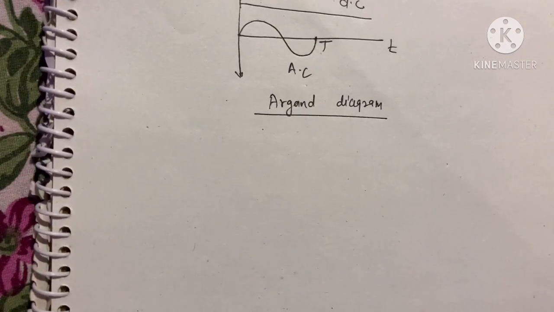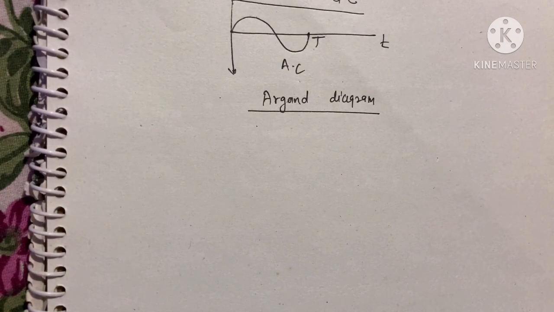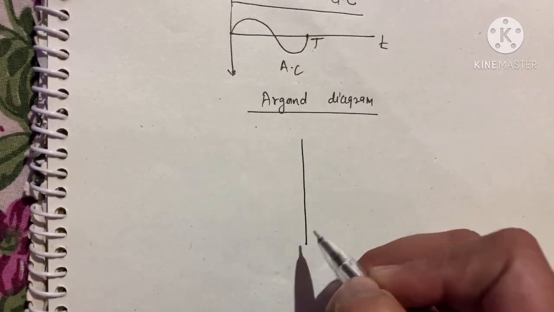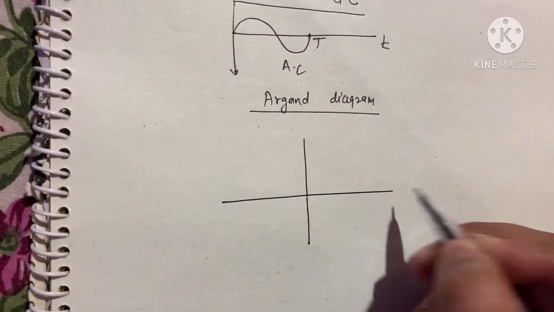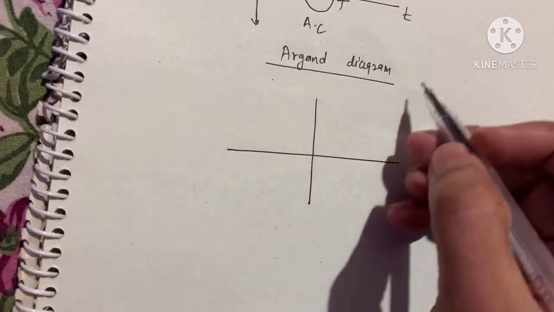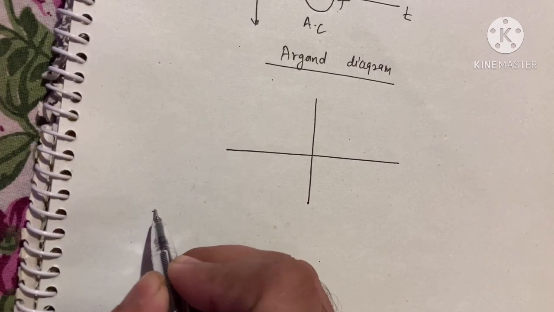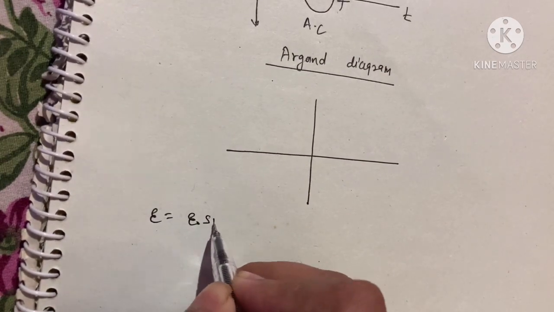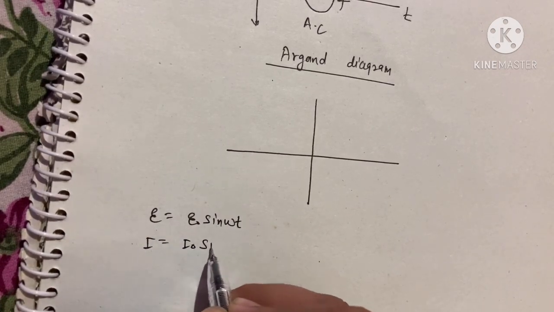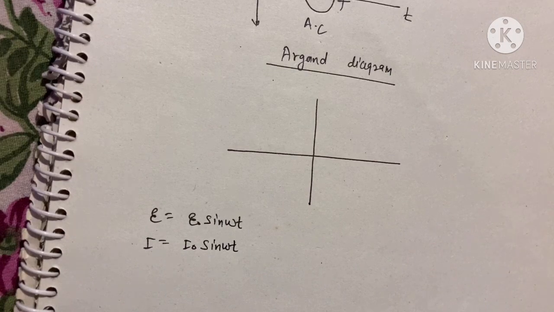Now suppose omega is the angular velocity. Let's draw a phasor diagram. Let's take some cases. Suppose this is an xy coordinate system, and suppose alternating EMF and current in a circuit are given by these equations. E is equal to E0 sin omega t, and I is equal to I0 sin omega t.